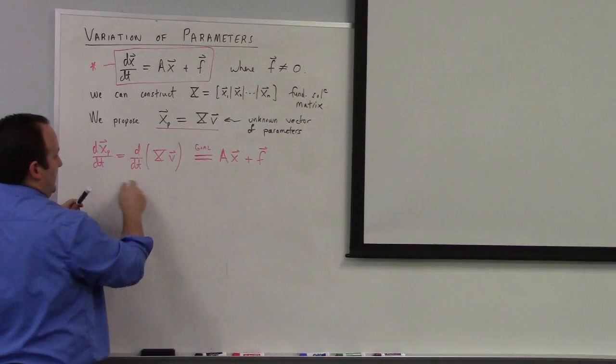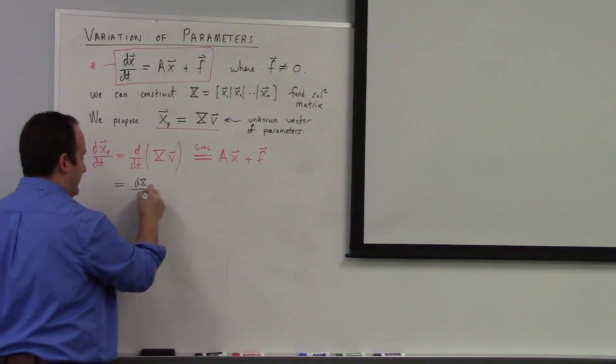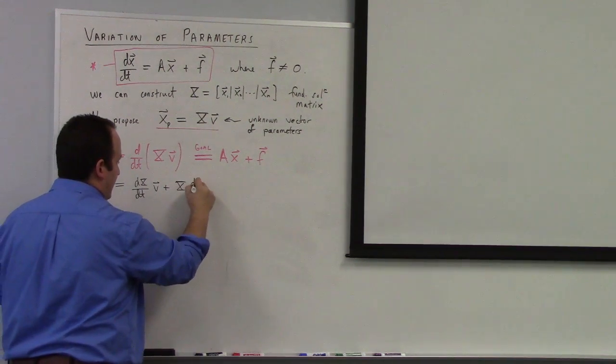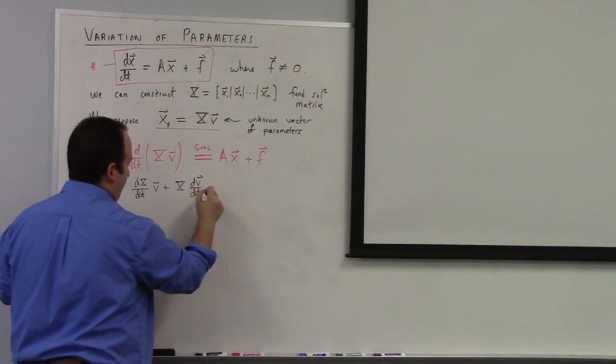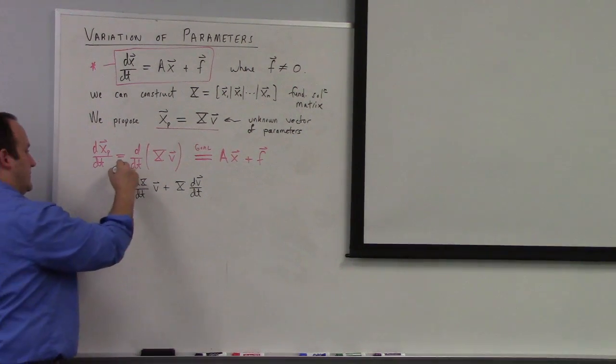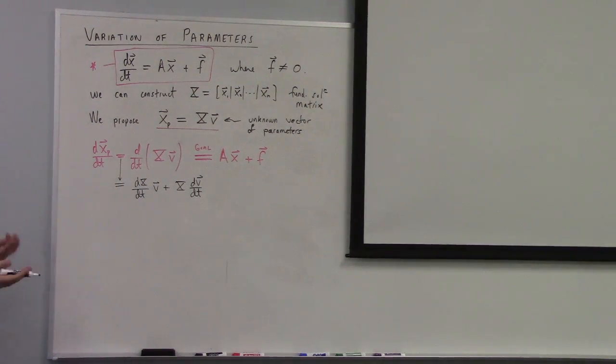So this, by the product rule for matrices, is dX/dt times v plus X times dv/dt. All right, so I'm going from here to here. Then what? Well, X is a solution matrix. What's that mean?